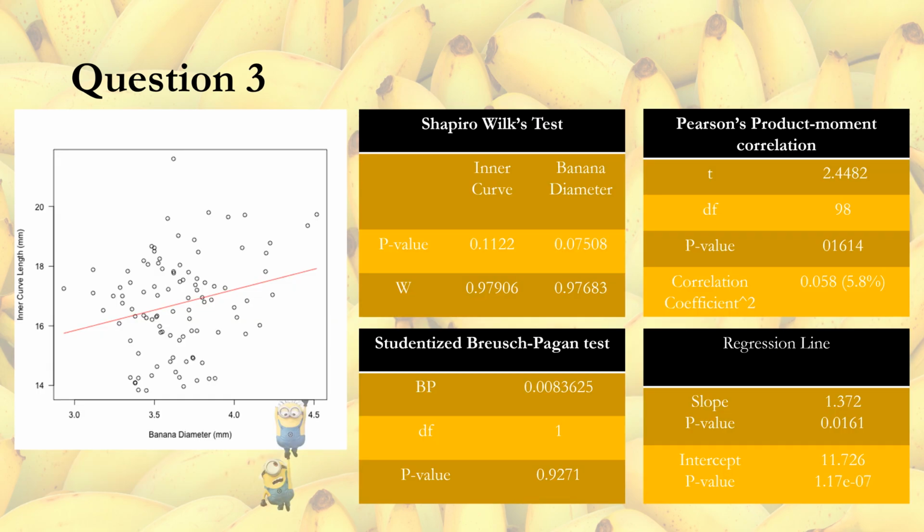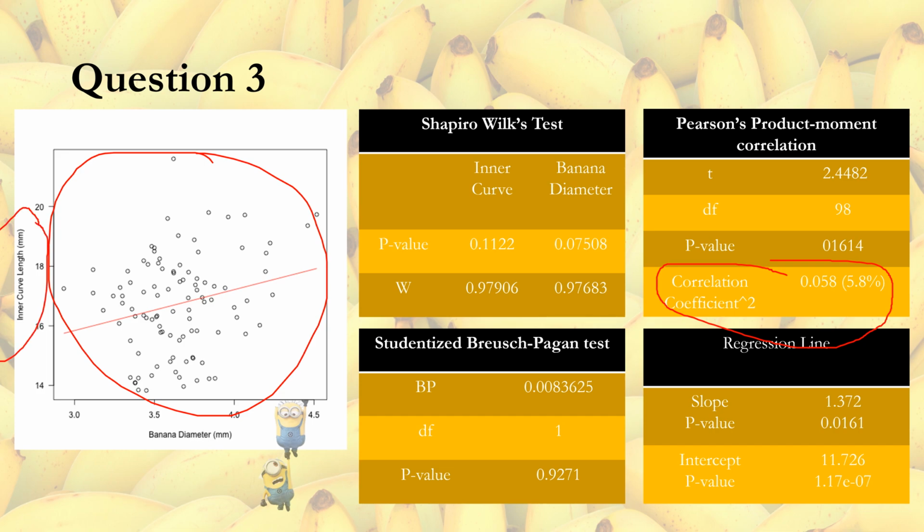So here in the slide we have a scatter plot that basically describes the correlation between the length and the width of the banana by using the inner curve length and the banana diameter. Here we have a correlation coefficient of 0.058, which statistically means that 5.8% of all variation observed in the inner curve length of the banana can be explained through the variation observed in the banana diameter.